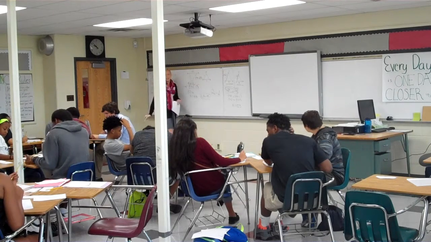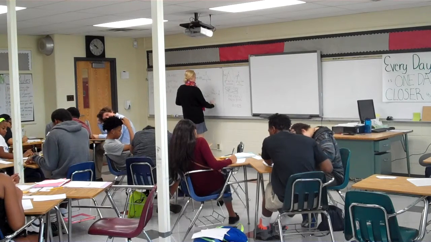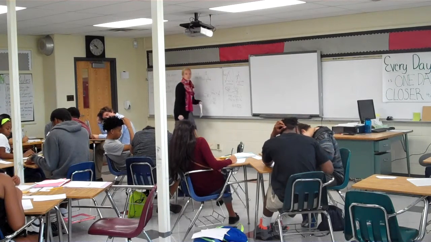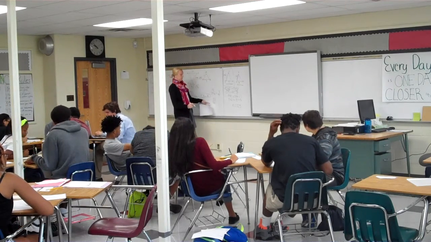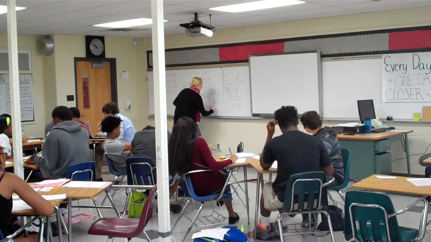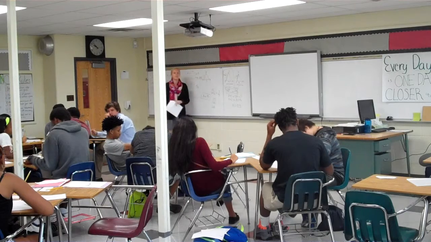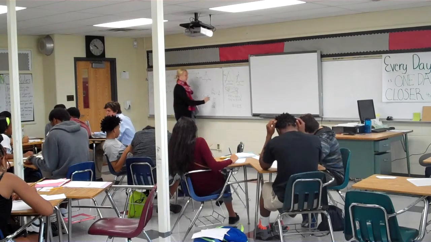Now, to prove to you guys that we got this right, can someone do 12 divided by 180 on their calculator? Erica, what did you get? 12 by 180. Yeah, 0.06. And what's 3 divided by 45? 0.06.